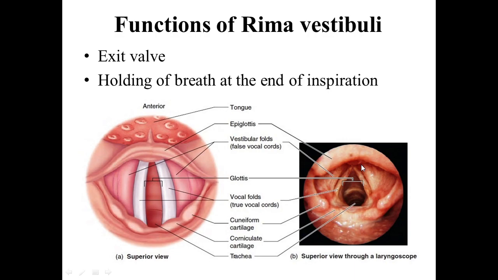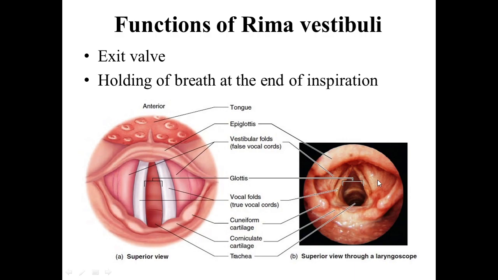Now what it means? So all of you do one exercise. All of you take the breath in and hold the breath for a while at the end of inspiration. So that holding of the breath is caused by the rima vestibuli.